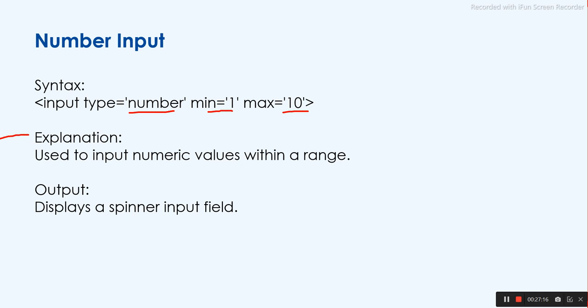For example, if I am going to enter 20, which is more than 10, you will get information like you should enter only less than 10, something like that. So you can understand that you have to enter a correct value.